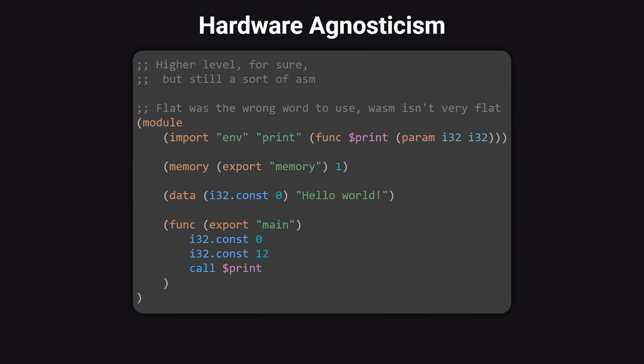WebAssembly is a language that does effectively function as an assembly language, serving as a simple, flat compilation target, consisting of a linear flow of opcodes and operands. But it's still pretty abstract. It's targeting a virtual architecture designed to run inside of specific WASM runtimes, like one bundled inside your web browser.